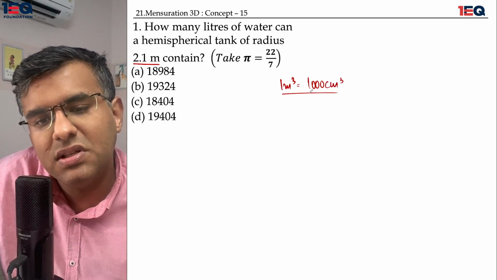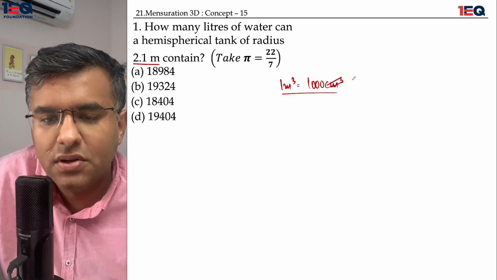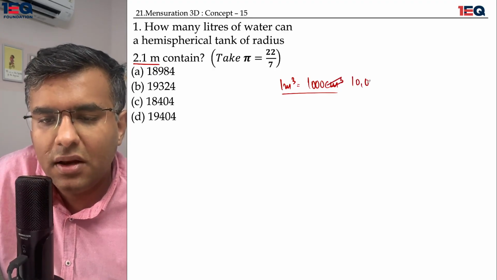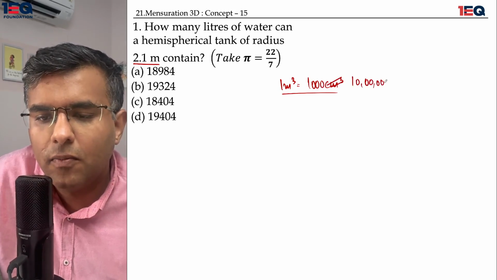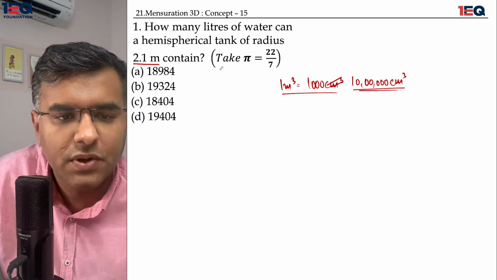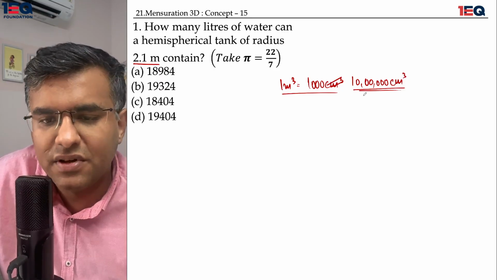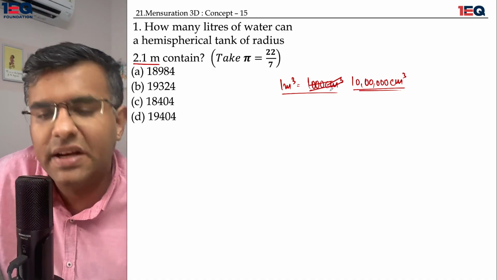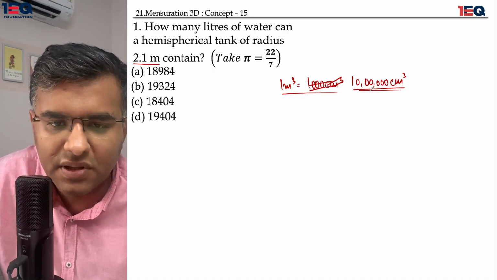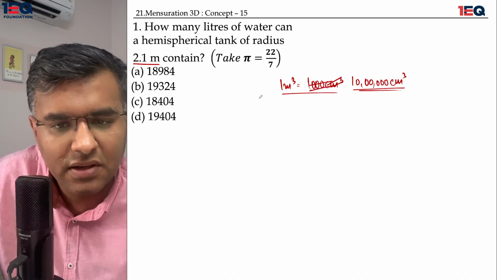No, this is going to be 1000 and another 1000 with it. So 10 lakh centimeter cube. So we are talking about meters itself. So this conversion was not very useful, but yes, you have to remember this for the exam. I can simply employ this in the formula.